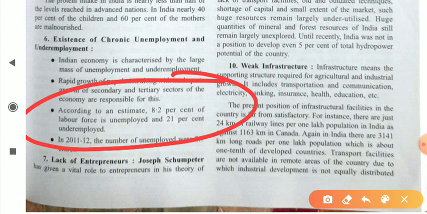Underemployed means a person, suppose, has a good degree and deserves a monthly salary of rupees 50,000, 60,000, but due to unemployment he is getting only 5,000, 6,000 as salary. So this is known as an underemployment situation in a country. Most of the people are unemployed or underemployed.